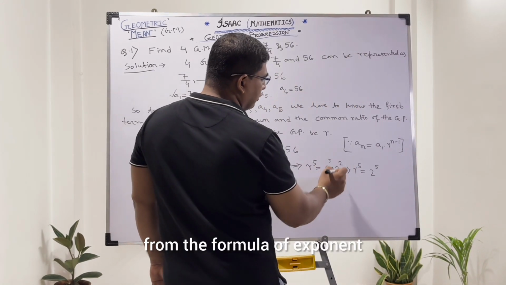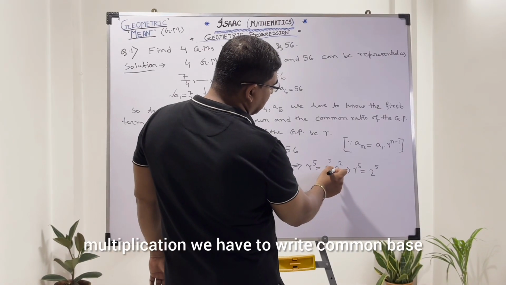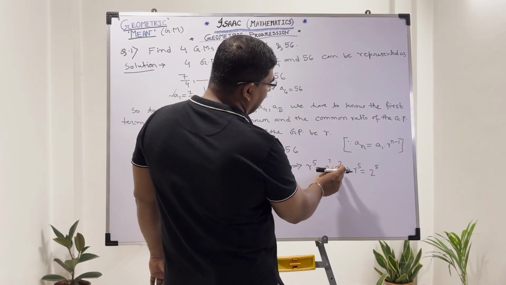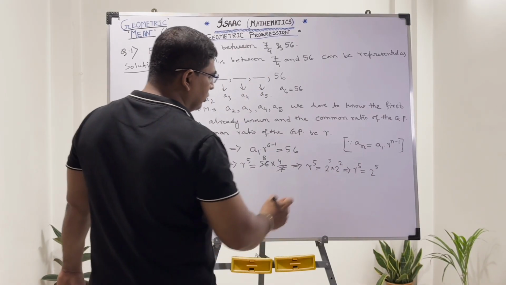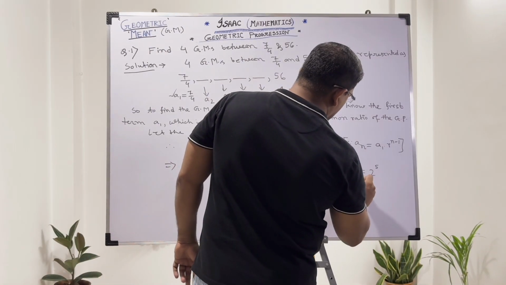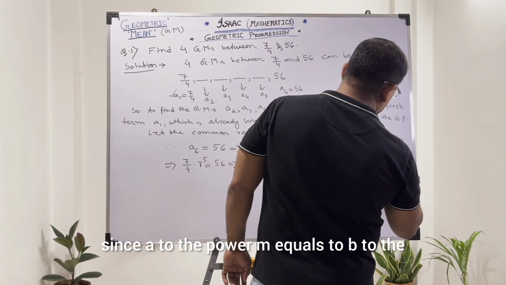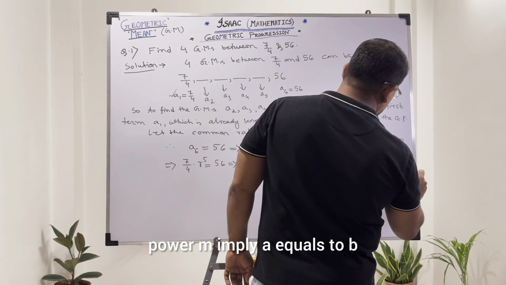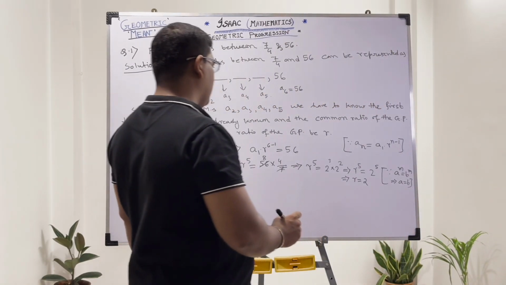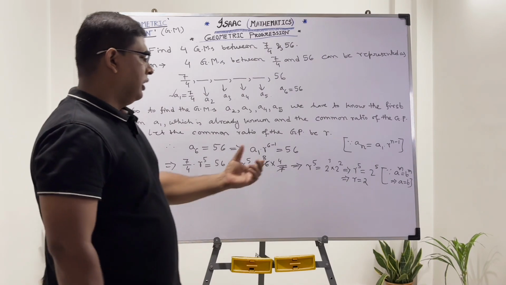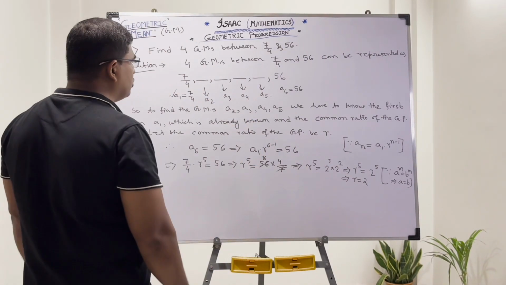From the formula of exponent, when bases are equal, then in the time of multiplication we have to write common base and then sum of the powers. So 3 plus 2 will give 5. So this will give R equals to 2, since A to the power m equals to B to the power m implies A equals to B. So now common ratio of this GP is known to us, that is 2.